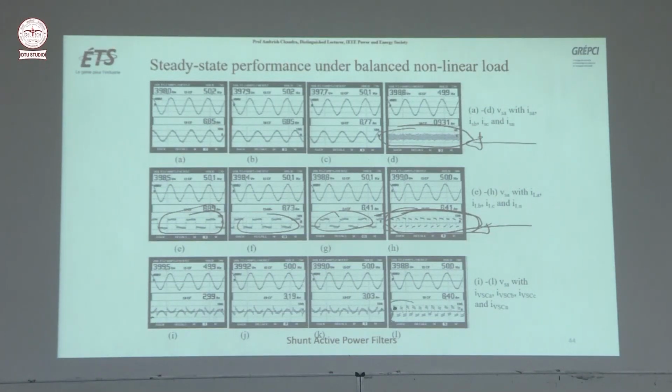But consider the shunt active filter is generating current in such a way, opposite of this, to cancel it out. Source neutral current is null. Load neutral current is cancelled by the shunt active neutral current.